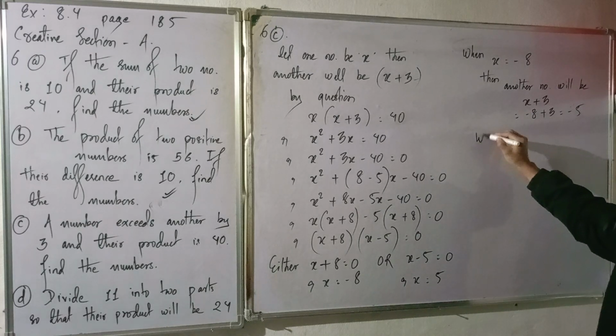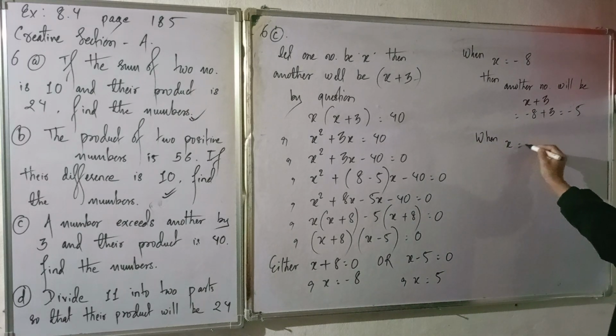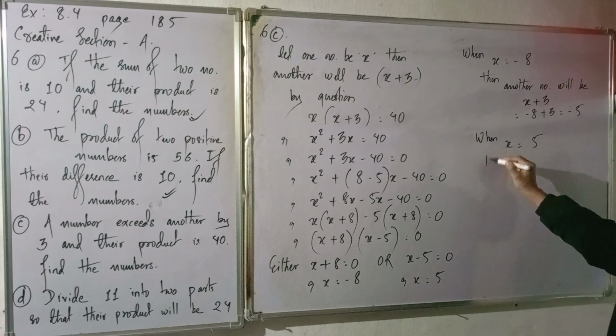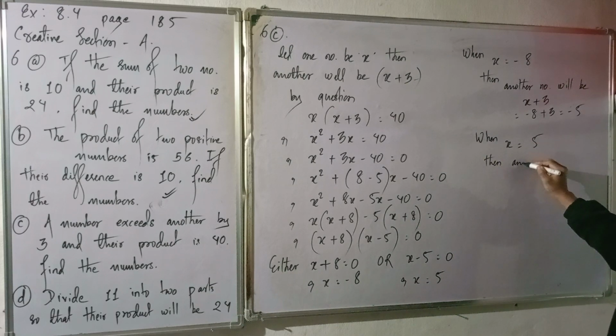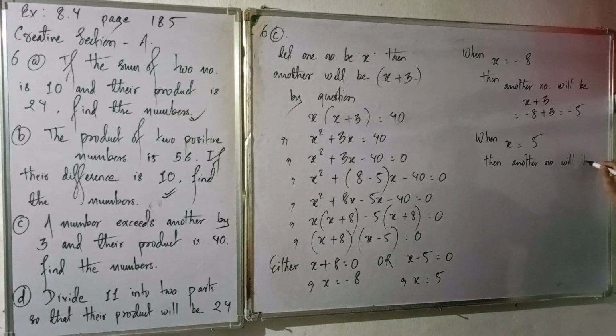But when x equals 5, then the other number will be x plus 3, that is 5 plus 3, which results in 8.